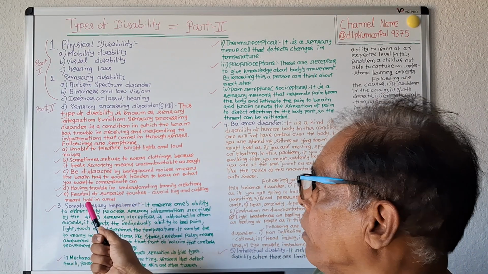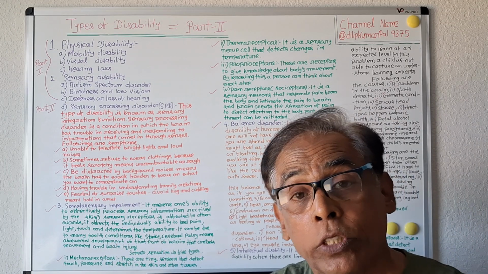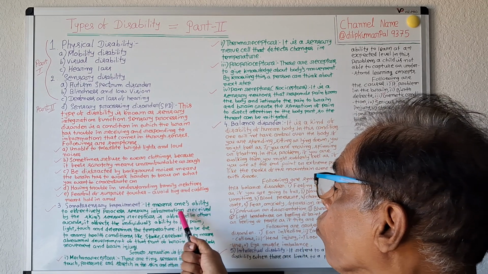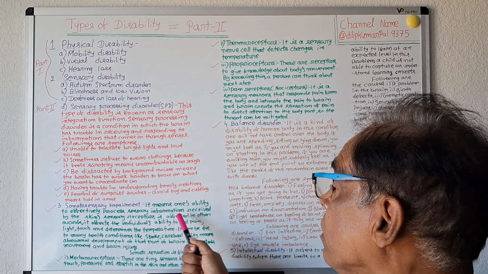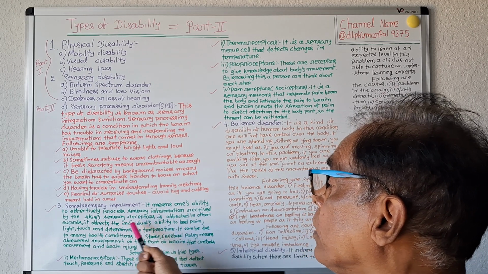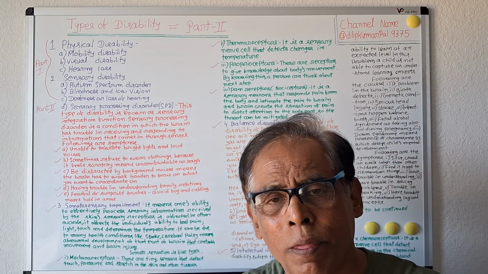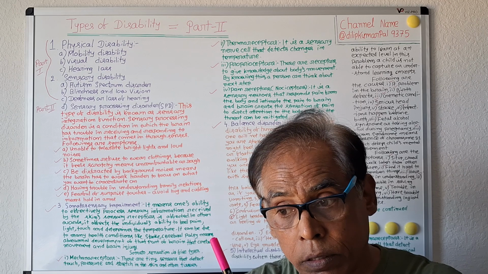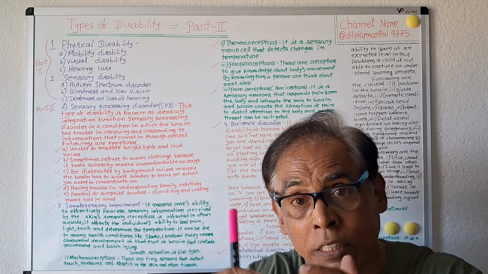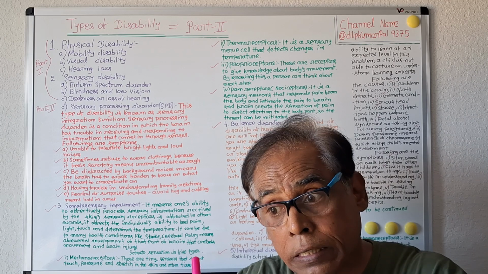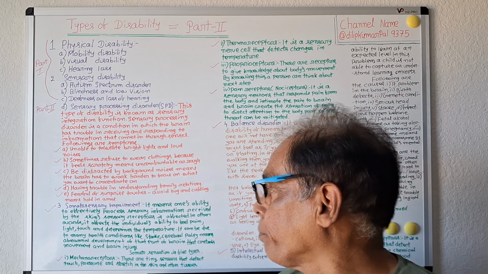Then the third one is somatosensory impairment. What is somatosensory impairment? It means one's ability to effectively process sensory information received by the skin's sensory receptors is affected. It means there will be a problem in the sense receptors in the skin, which will be unable to give information.